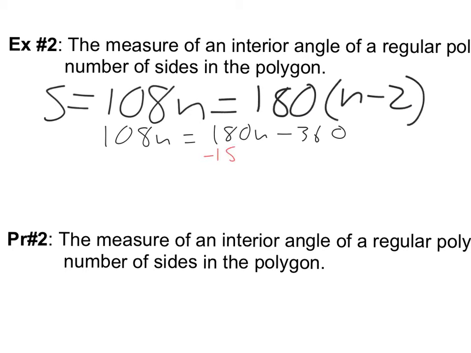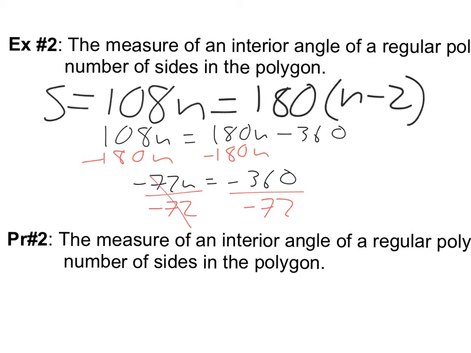We subtract 180n from both sides because we want all the n's on the same side. And we get negative 72n equals negative 360. Divide both sides by negative 72. And so you get n equals 5, right? The negatives cancel each other out. And so that means this thing has 5 sides. That's the number of sides.